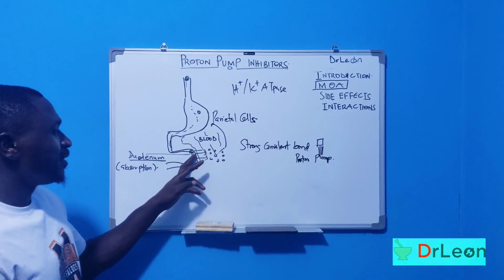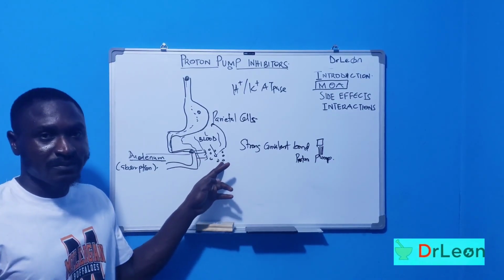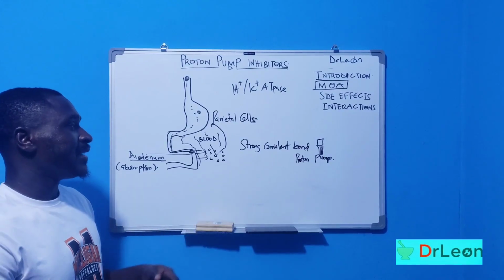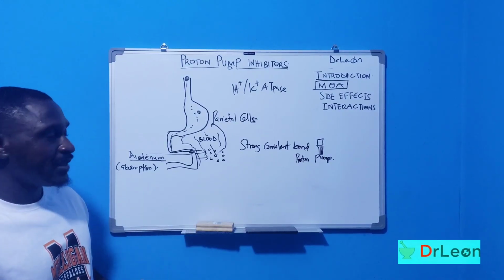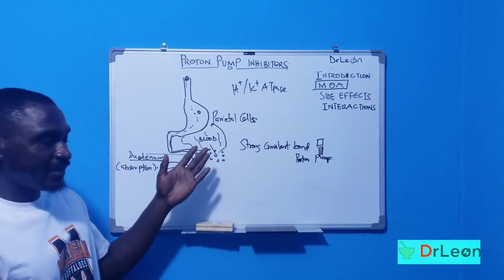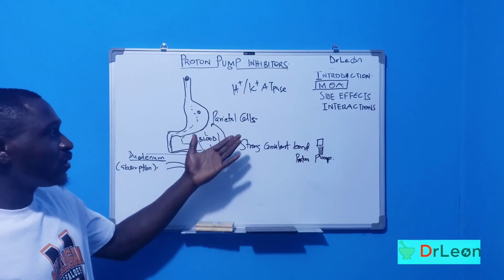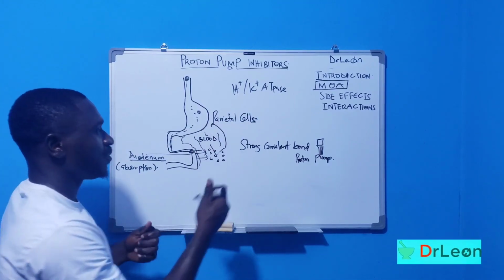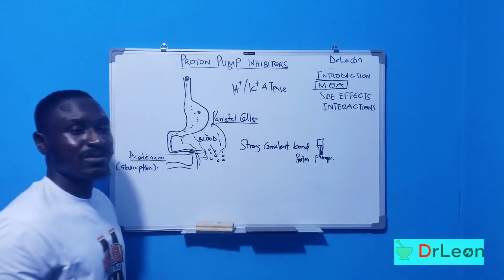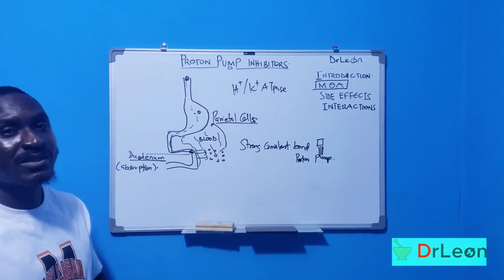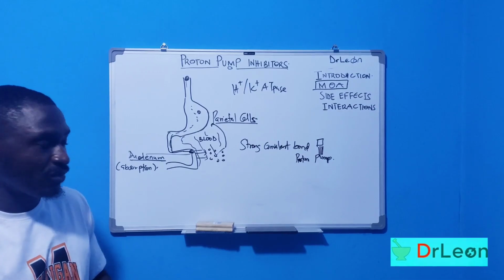That's where the drug will be absorbed into the blood, and then the blood will circulate, and when the blood is supplied to the stomach, we are focused on the cells in the stomach, which are the parietal cells. They are the cells that contain the proton pumps.